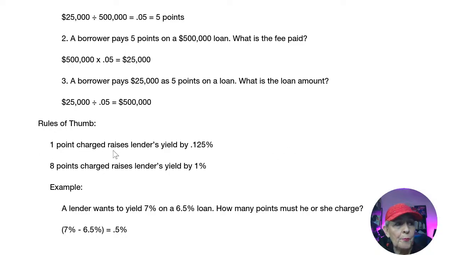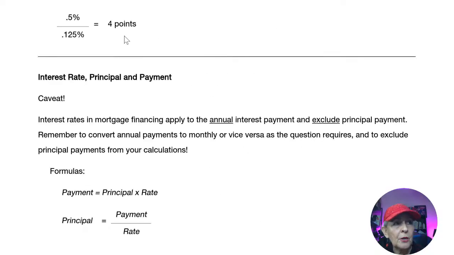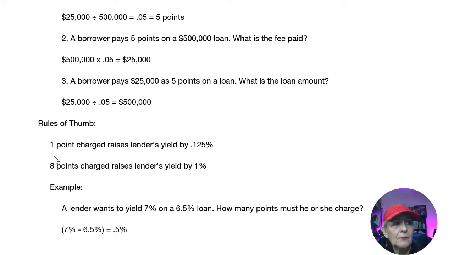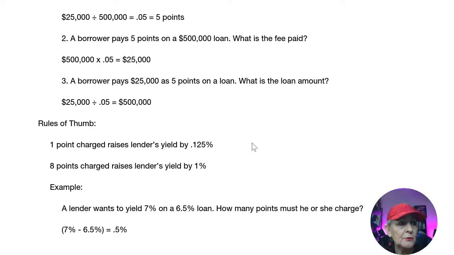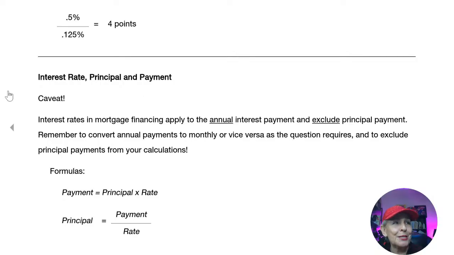So 4 points raise their yield by 0.5%, because 8 points raises their yield by 1%. So 4 points raises their yield by 0.5%. I'm sorry, I'm getting confused with the decimals and the percentage.